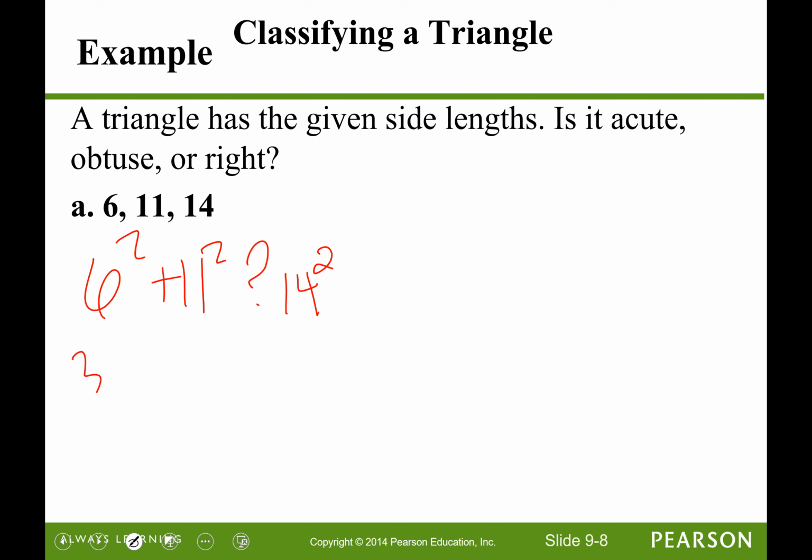So that would be 36 plus 121 is question mark to 196. Check my work on that.